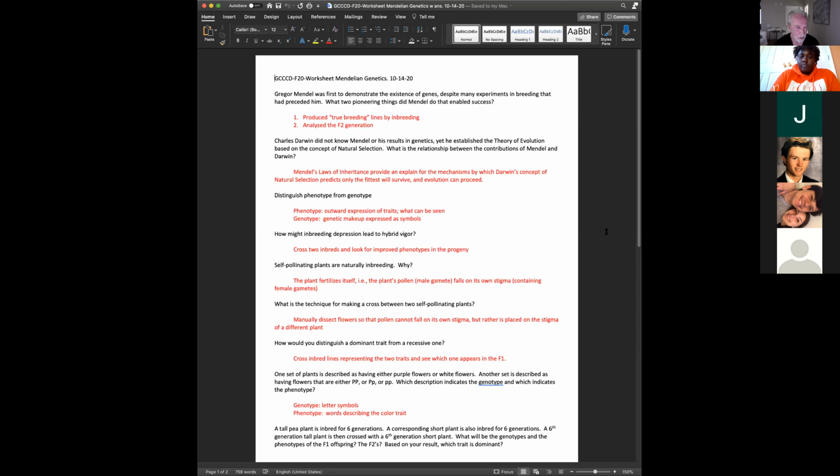And that's what allows evolution to proceed. So Mendel's laws rationalize what Darwin couldn't explain. He hypothesized that natural selection was a force, but he didn't have any molecular basis for saying that. Mendel's laws provided it.